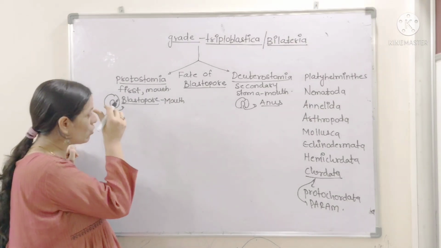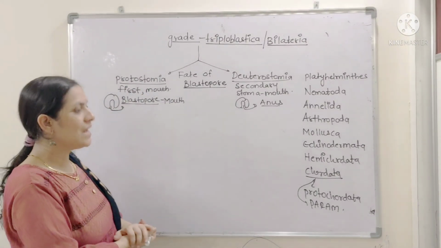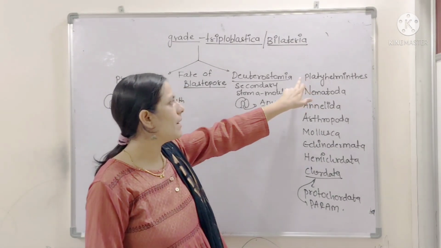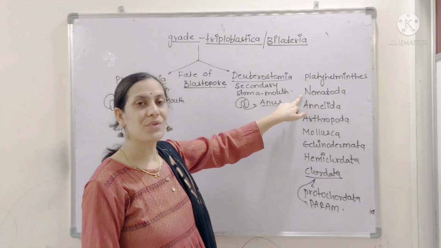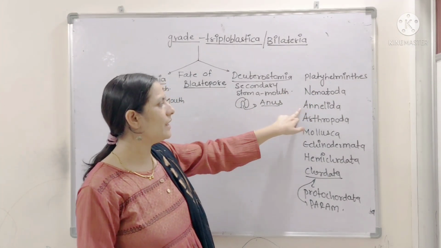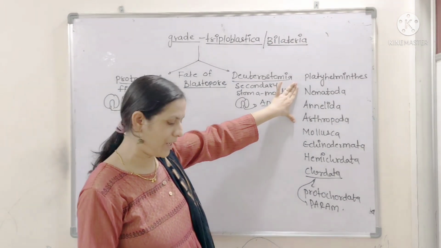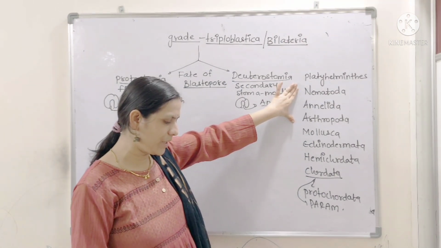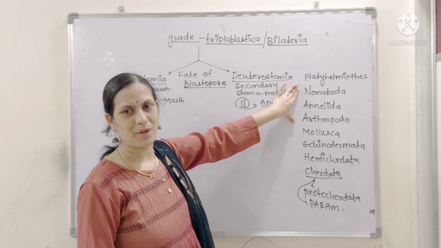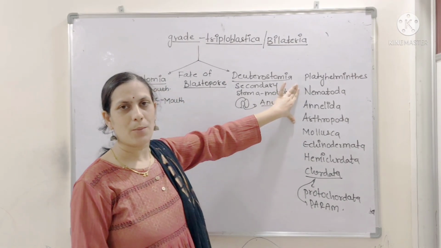So in the protostomes, you will be getting the phyla like Platyhelminthes, Nematoda, Annelida, Arthropoda, Mollusca. What are these 5 phyla there? They are coming under the group Protostomia.